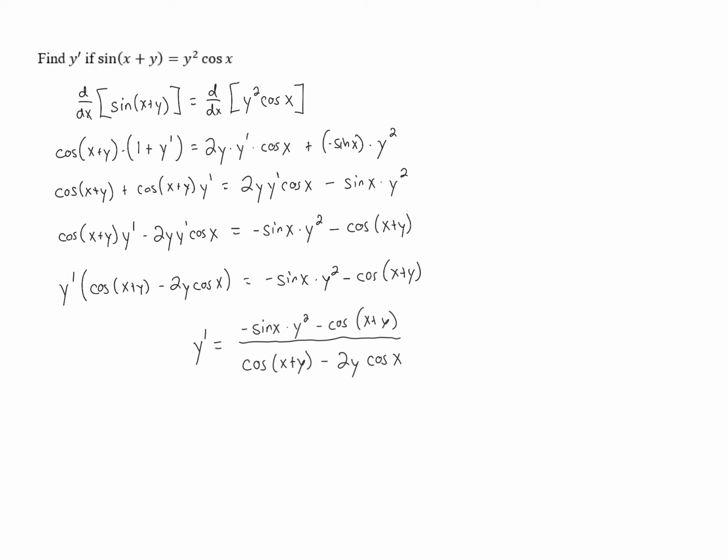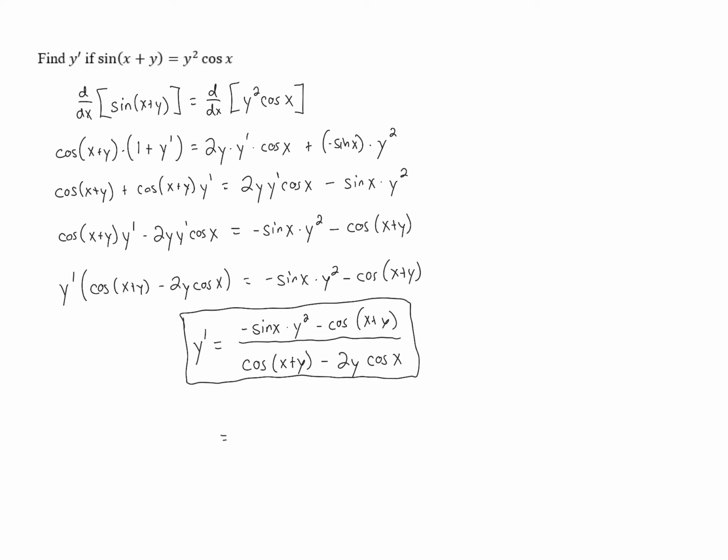And this is a perfectly good final answer, but it's also possible to have the same thing, but with all the signs reversed. If instead of trying to get all the y primes on the left, we had moved them to the right, all of those terms would have opposite signs.